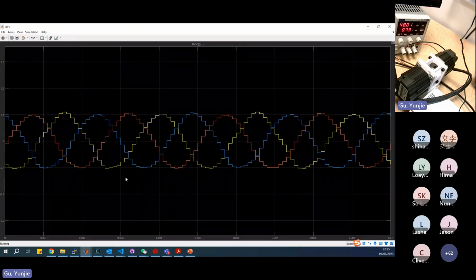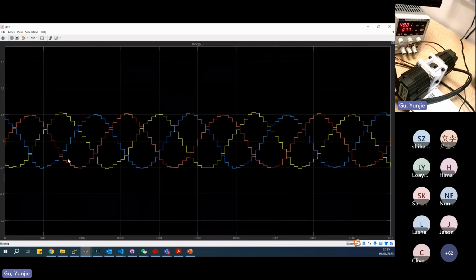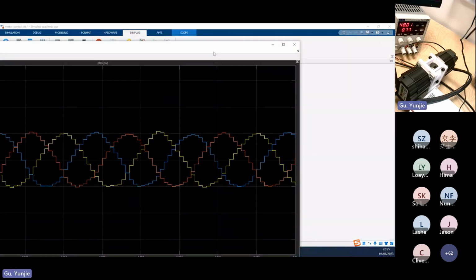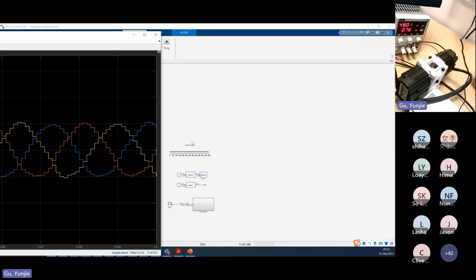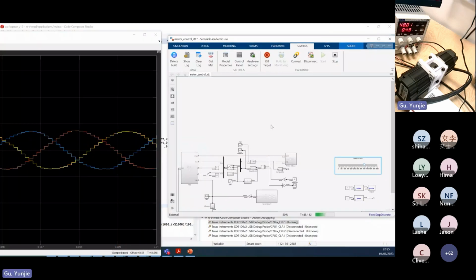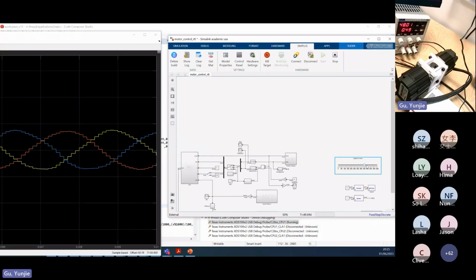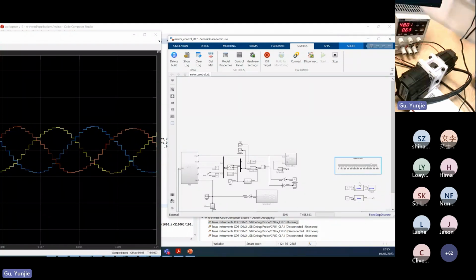For the motor control, the amplitude of the current is proportional to the torque, and the frequency of the current is proportional to the speed. If you reduce the speed, we can see the frequency is actually reducing. To increase the speed, the frequency increases.